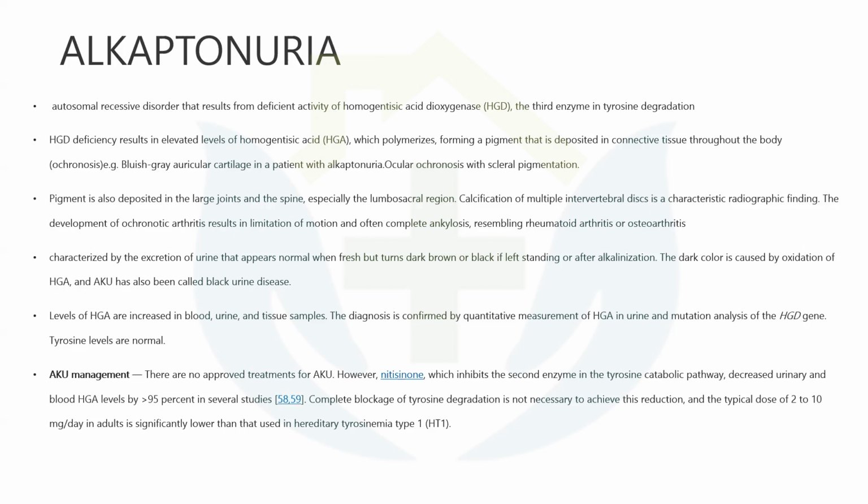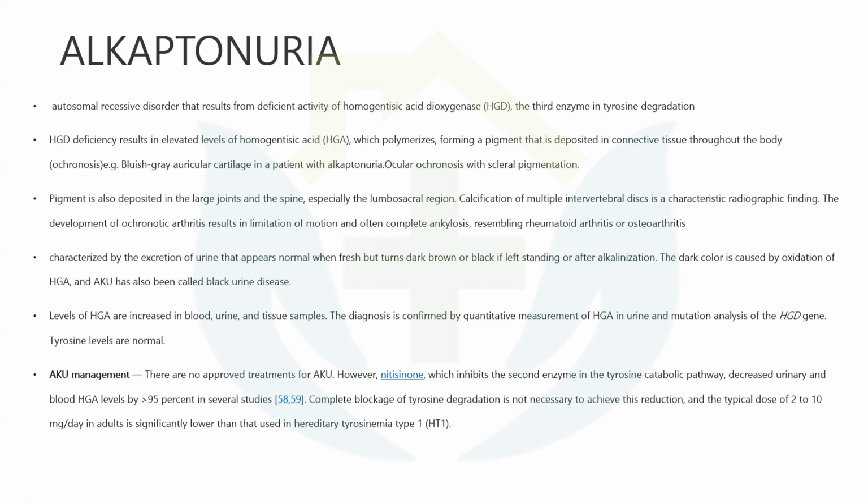The level of homogentisic acid in the blood, urine, and tissue samples is the basis of diagnosis. We can do quantitative measurements in the urine, and also gene detection of the HGD gene. In this case, the tyrosine levels are usually normal.